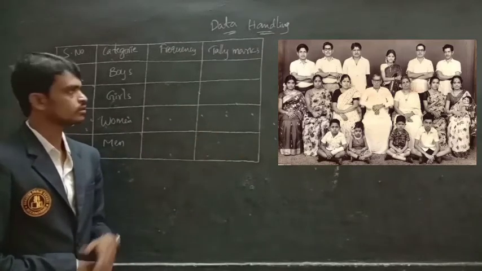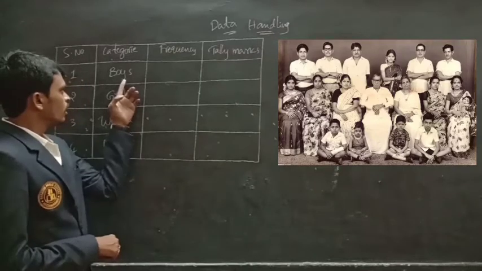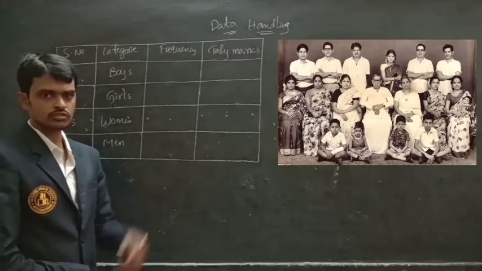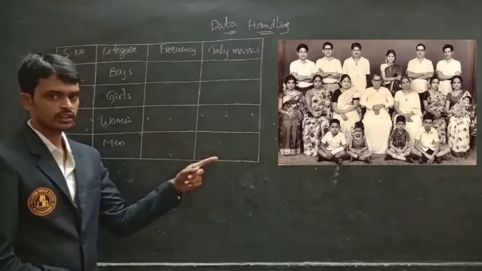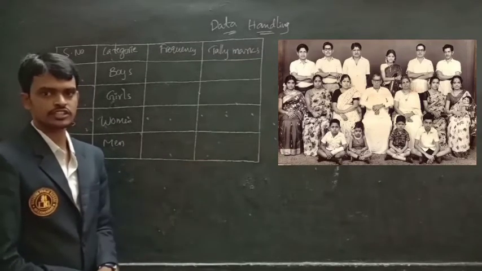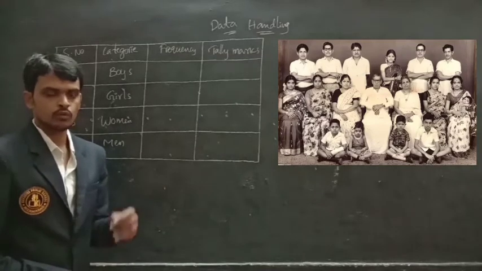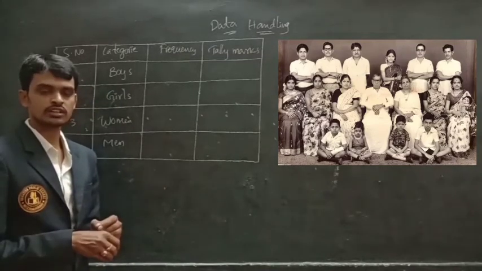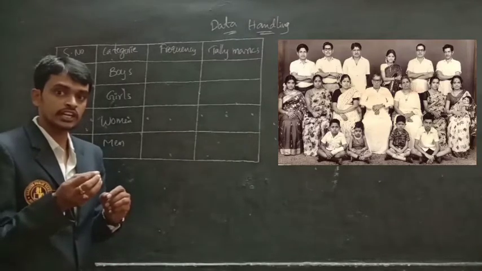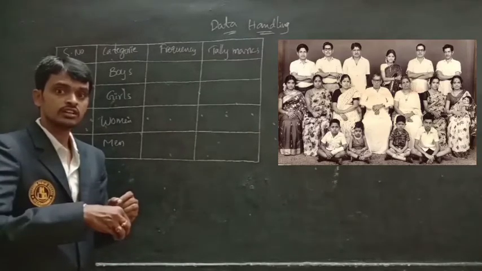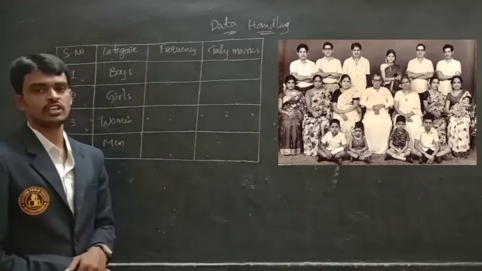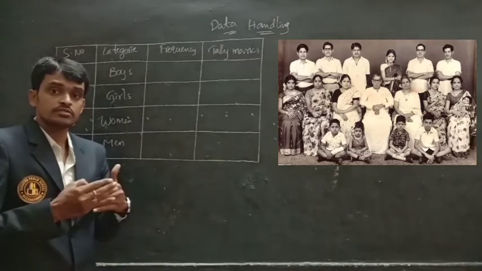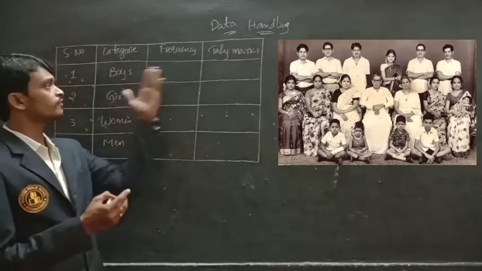Now we will write the frequency and tally marks of the joint family. How many boys are there? Let us count: 1 boy, 2 boys, 3 boys. What is the observation here? Boy is the observation. The number of times we take that observation is called the frequency.